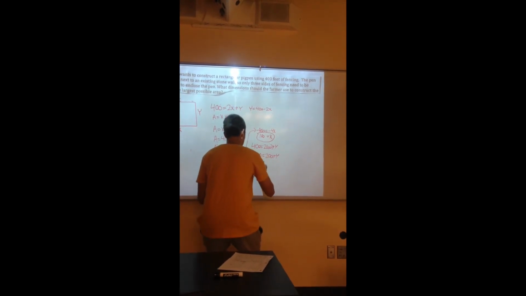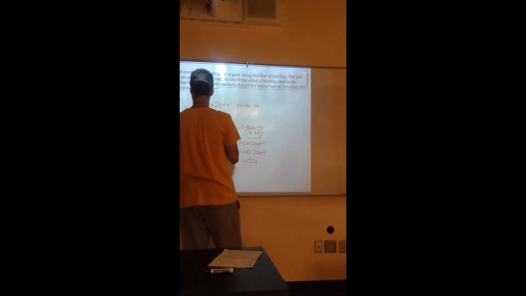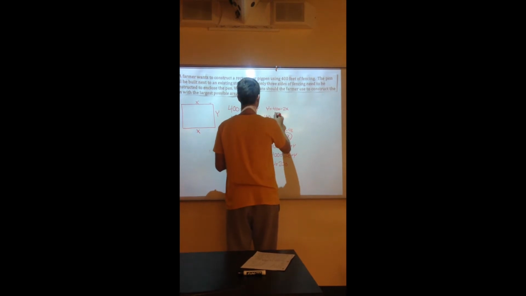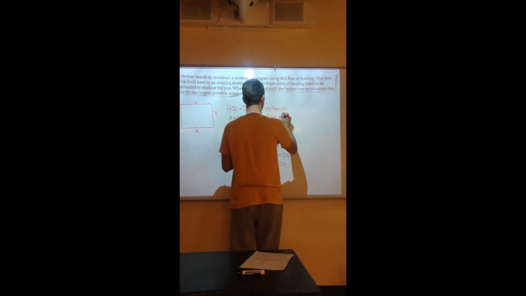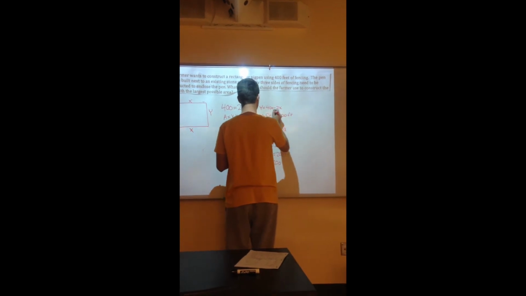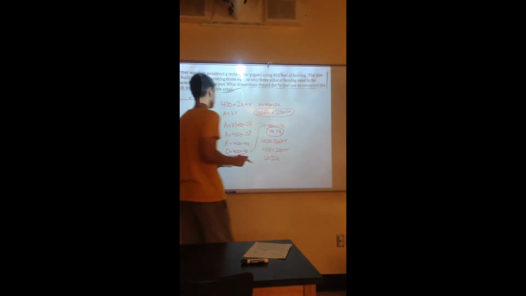And you get y equals 200. So the dimensions here that you would need is 100 feet by 200 feet. And that will give you the most possible area using 400 feet of fencing.